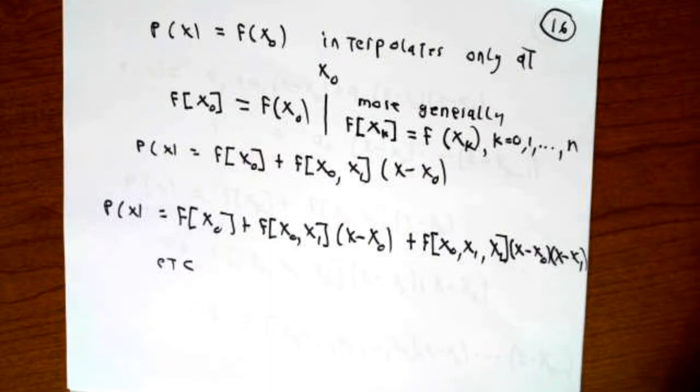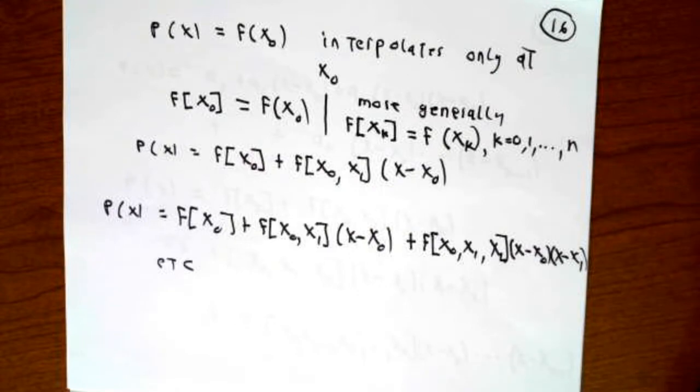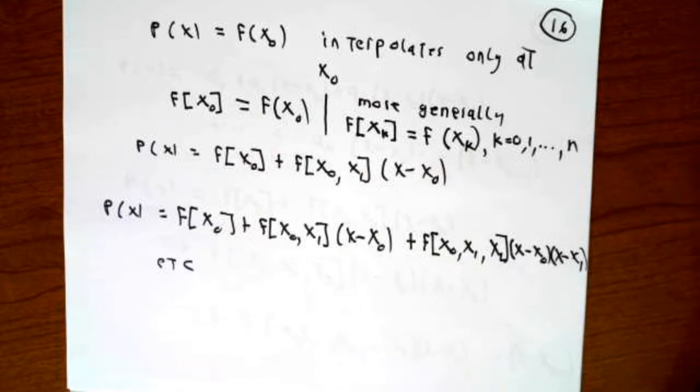Because of the way we defined this, though, f bracket x0, x1 is the lead coefficient of the linear polynomial that interpolates f at both x0 and at x1. So if I stuck x1 into this polynomial, I would get f at x1 back again. In a similar way, we will tack on additional terms so as to get the interpolating polynomial that we're after.